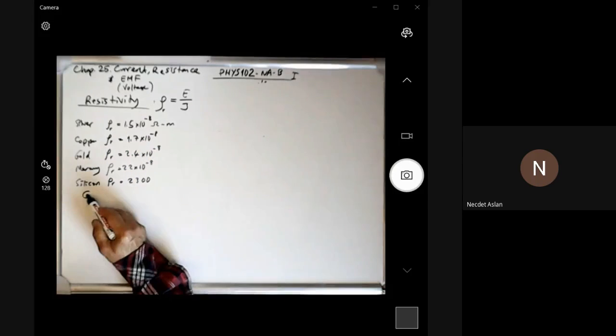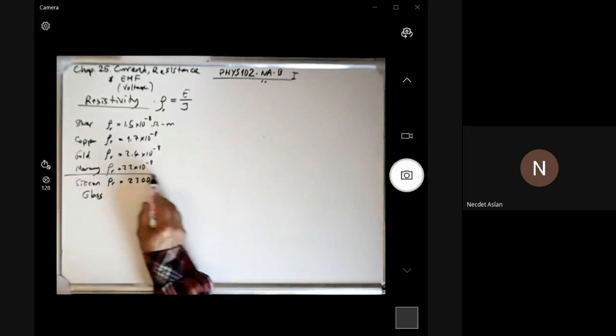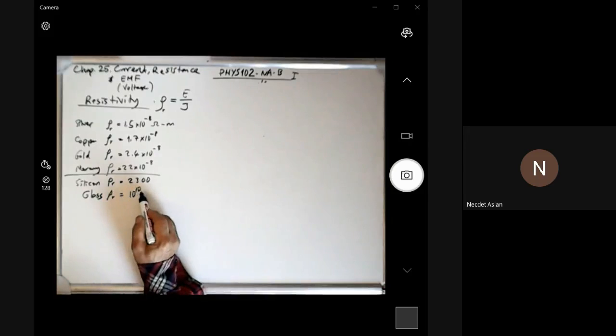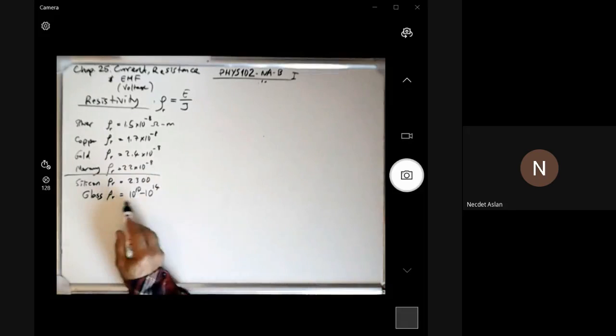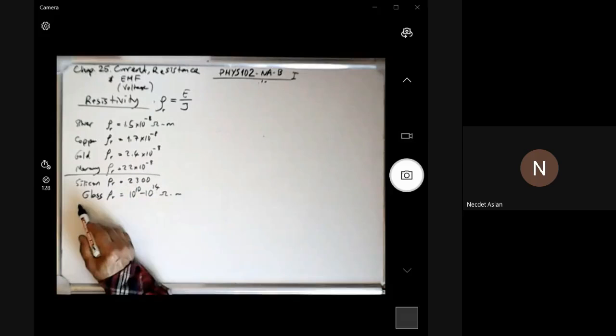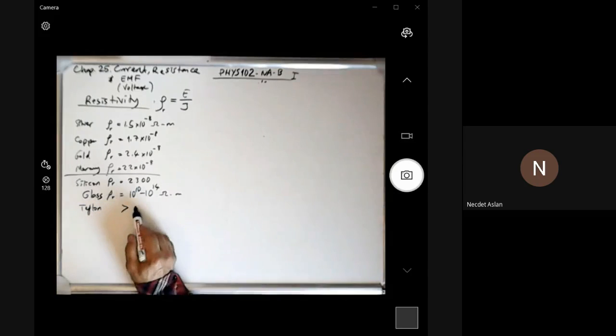And glass, for instance, because these are called non-conductors. Non-conductors have much higher resistivities. Glass has about 10 to the 10 to 10 to the 14 ohm meters resistivity. Very high. Teflon, for instance, something that we use in technology, is greater than 10 to the 13.